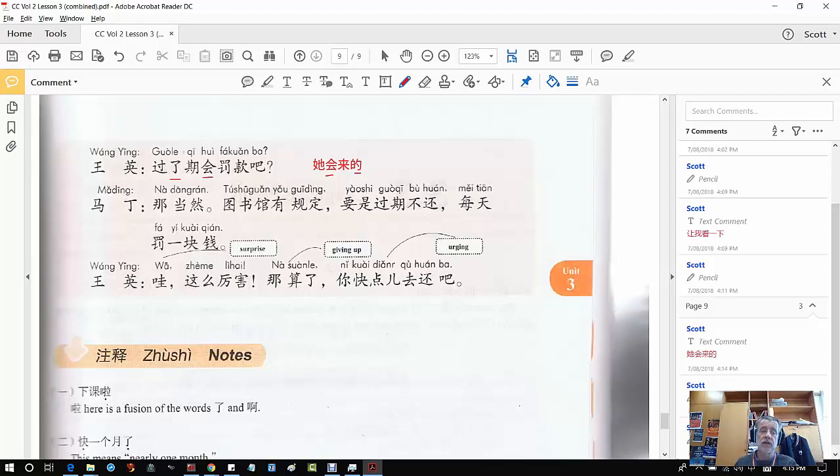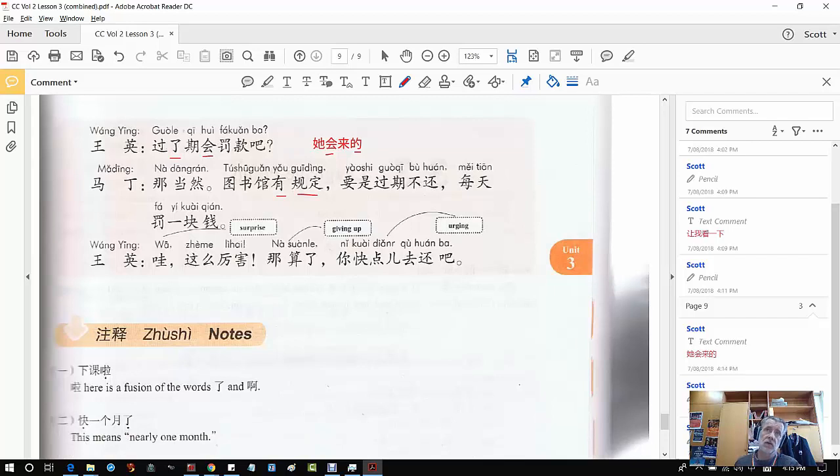So 图书馆有规定. The library has, so there's our verb, and then 规定 in our vocab list it said rules or regulations. But we said that 规定 could be both verb and a noun, and in this case we know it's being used as a noun because it's preceded by this verb here, 有. So in English it's easy. The library has rules. 要是过期不还, so here's our if statement.